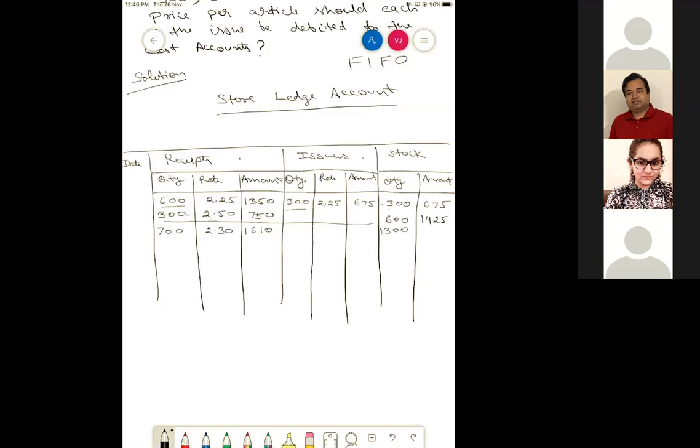So every time we are writing stock, we are making the final calculation. Initially we were having quantity of 300, then next 600, now 1300, and if you add up the amount 1425 plus 1610, you add up both.